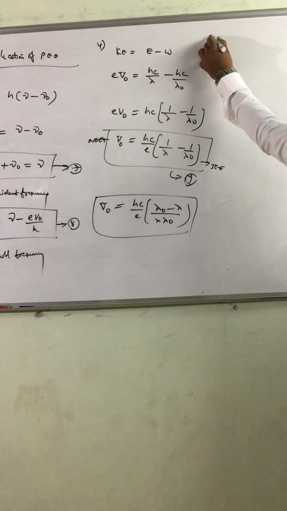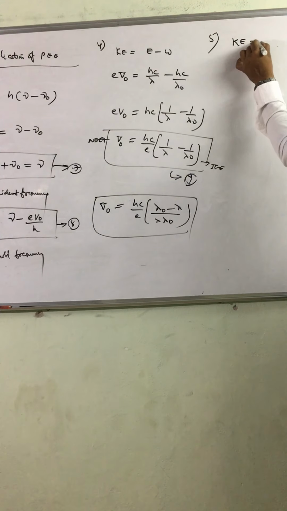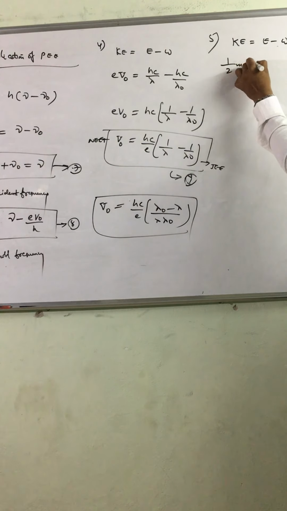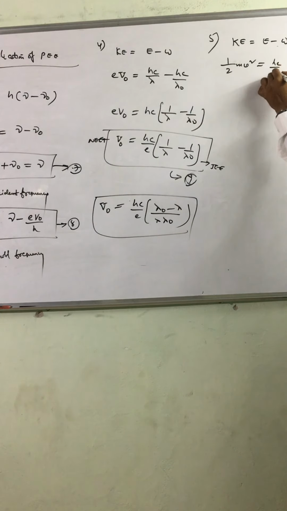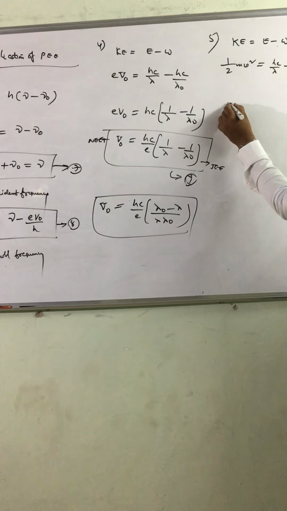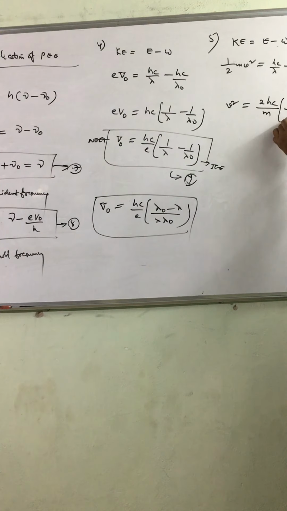In a similar manner, KE is equal to E minus W. Half mv square is equal to hc by lambda minus hc by lambda naught. Understand? V square is equal to 2hc by m into (1 by lambda minus 1 by lambda naught).